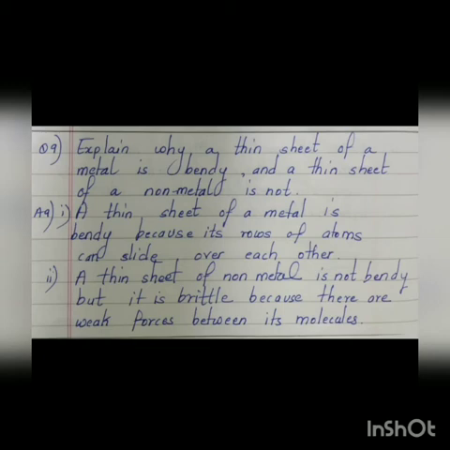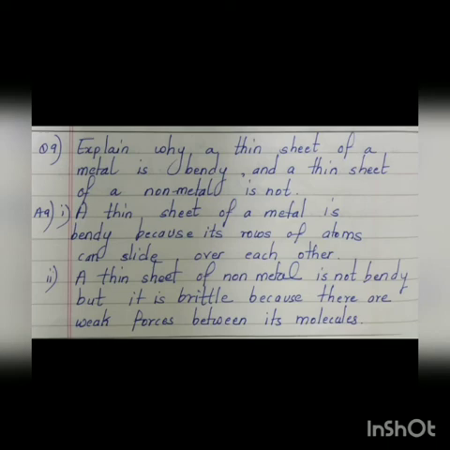It is bendy. Then why is a thin sheet of non-metal not bendy? We cannot bend a thin sheet of non-metal because it is not bendy, but it is brittle. Brittle means it is hard, but it can be broken easily because there are weak forces between its molecules.